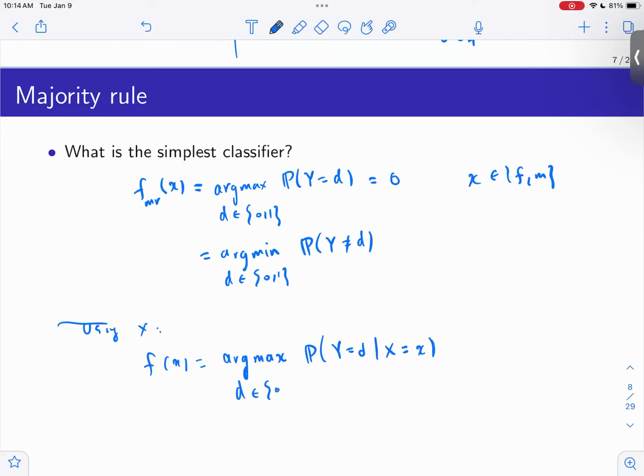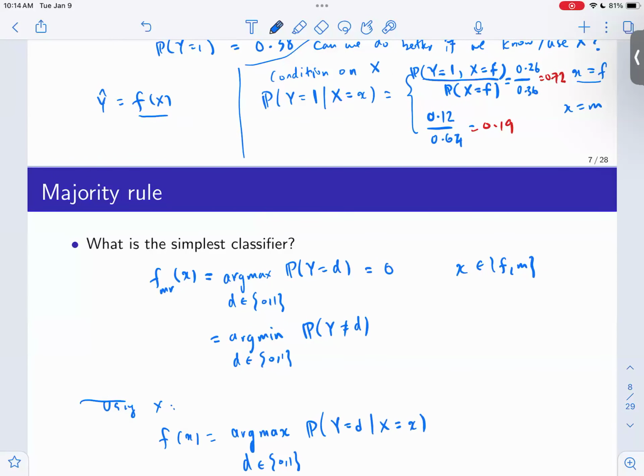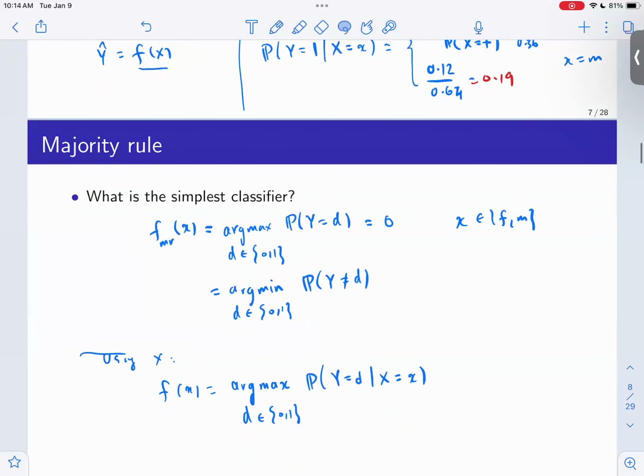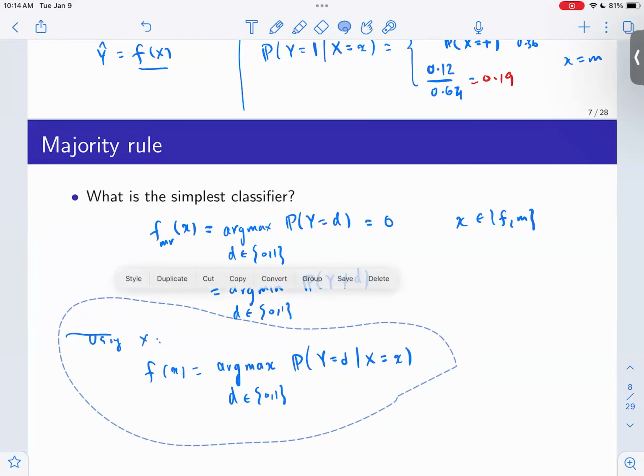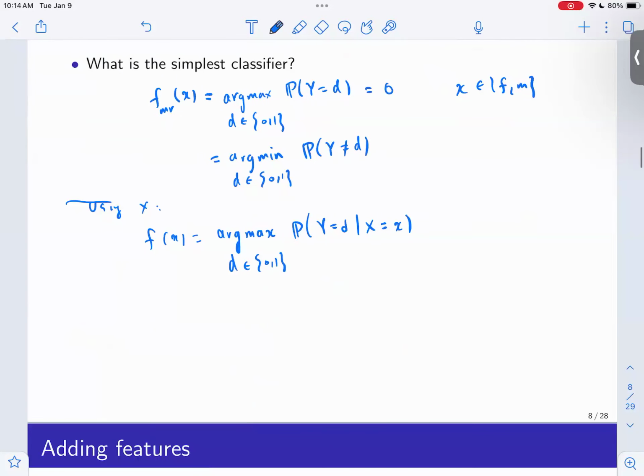So if you think about what we just did, it's calculating this quantity. You plug in Y equal to 1 for a given X, let's say F, female. You plug in d equal to 1 and d equal to 0, see which one is bigger, and that value is the one you use for the classifier. So in the case of f of F, what we did is argmax.